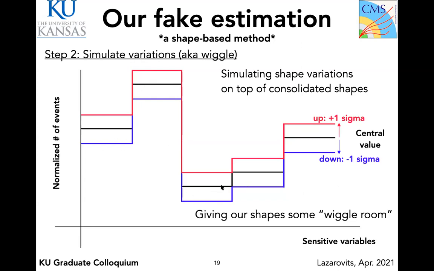This black histogram, which is our central value, you can think of as the mean of the Gaussian. And then you can have a 1 sigma deviation in one direction, a 1 sigma deviation in another direction, to give you that wiggle room. So if we see anything that deviates particularly much from this, we know that it's probably not due to fake leptons. Whereas if we didn't have this uncertainty on the shape before, we wouldn't be able to make that decision.